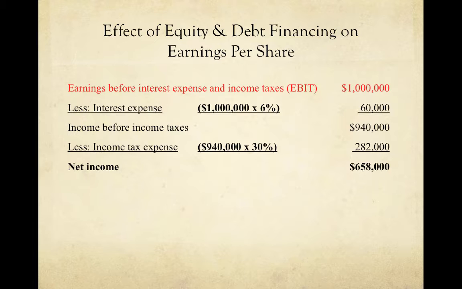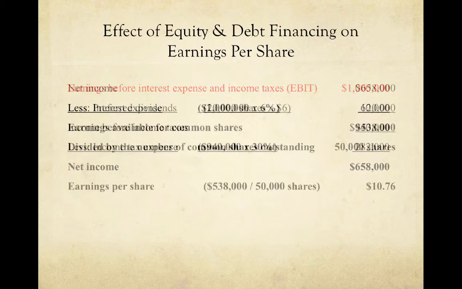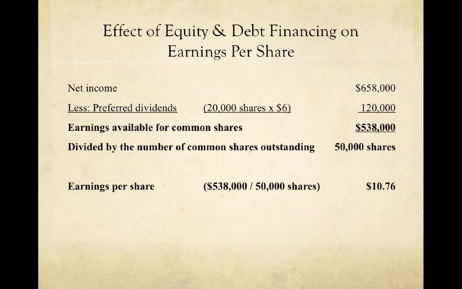Again, you need to know your net income to calculate your earnings per share. The next thing we need to know is how much preferred dividends have to be paid out of net income to go to preferred shareholders. In this case, since we have 20,000 shares, and I said that the dividend is $6 per share of preferred stock, 20,000 times 6 gives us $120,000 of preferred dividends.